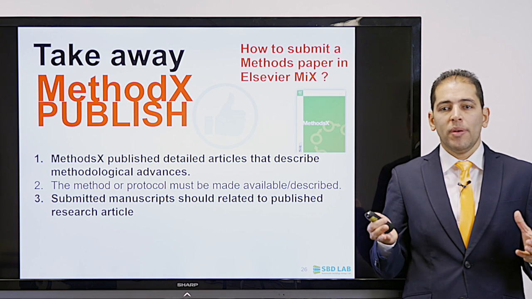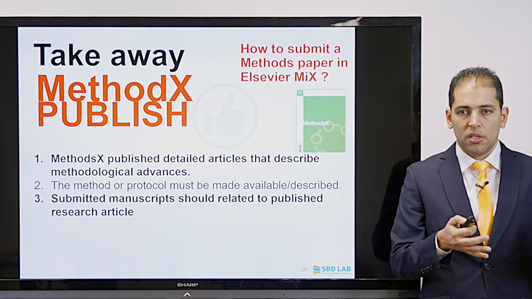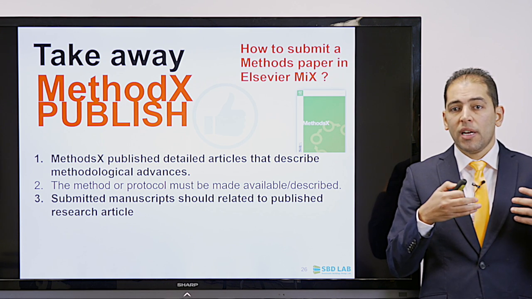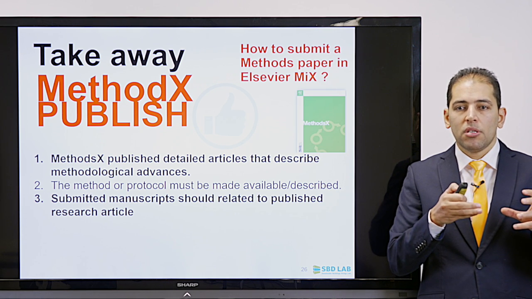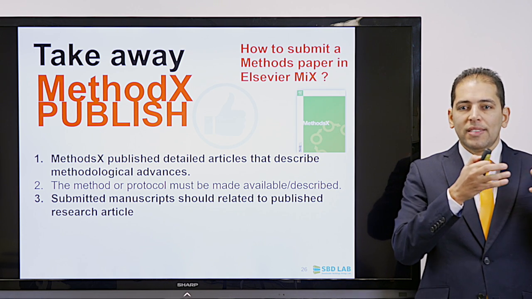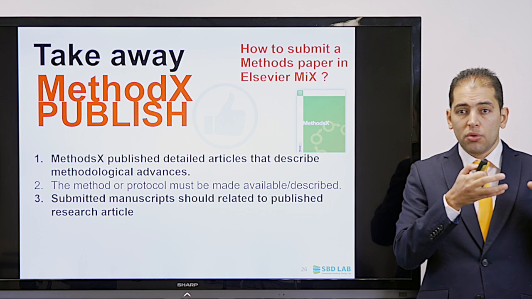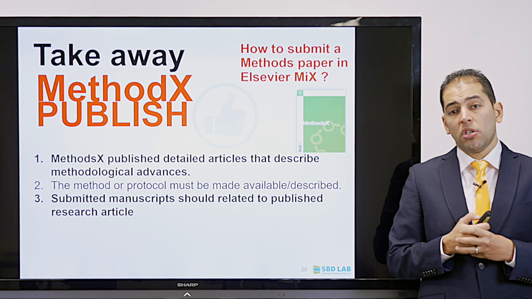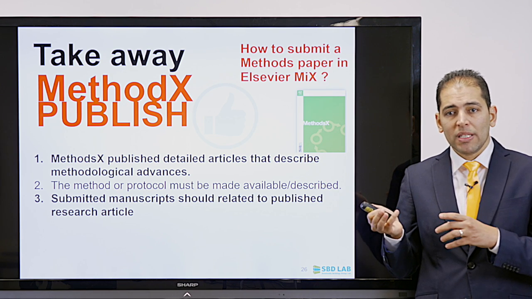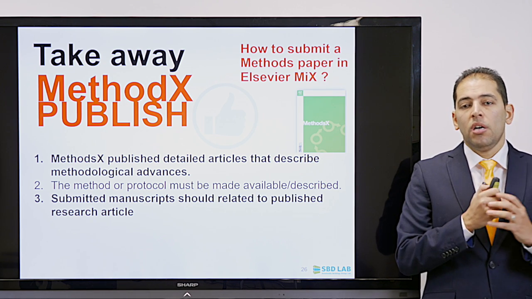So I strongly recommend that if you have already published a classical article and you had a very interesting methodology that you used in that article, take this methodology or protocol out and publish it additionally as a method article. In this sense, you can link your method article to the original publication.